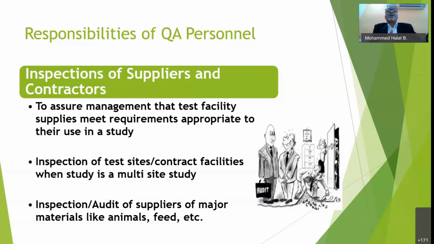Apart from vendor audits and multi-site audits, this is also QA's responsibility. They also give some examples of what materials have to be audited, such as animals, the test system, and who supplies the feed used for the animals. It's not limited to animal feed. As I said earlier, it also covers who conducts the calibration and the vendor who supplies critical equipment to the facility.